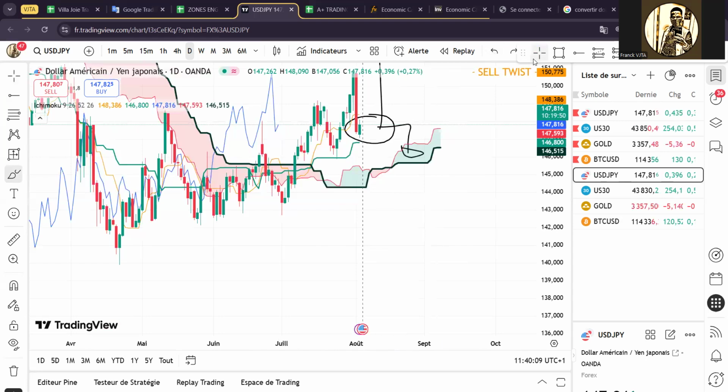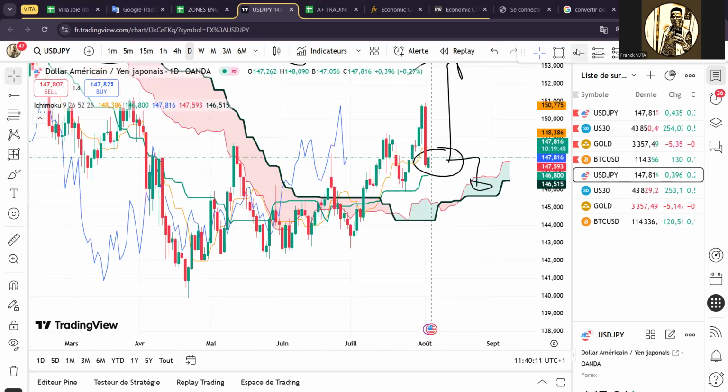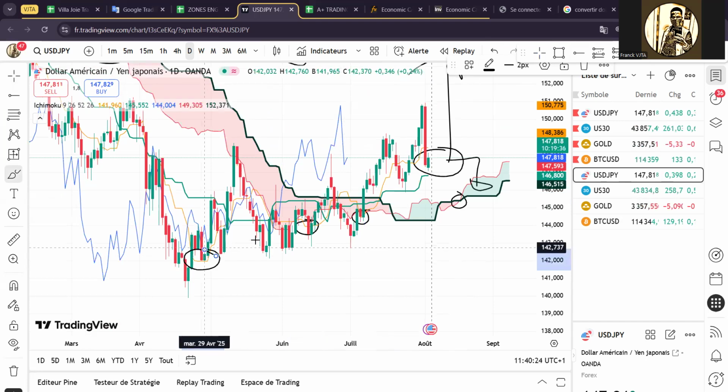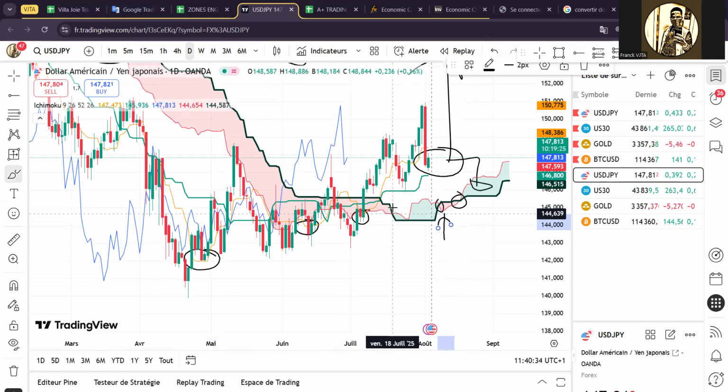So I will take this one, but when I take this one as a point for my first zone, I have three Tenkan mountains on the left. It can look confusing, but it is not. Since I have three Tenkan mountains, I also have three twists. This is the second twist here, a third twist here, and this was my first twist.